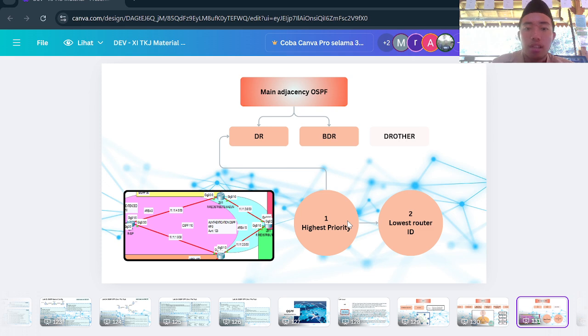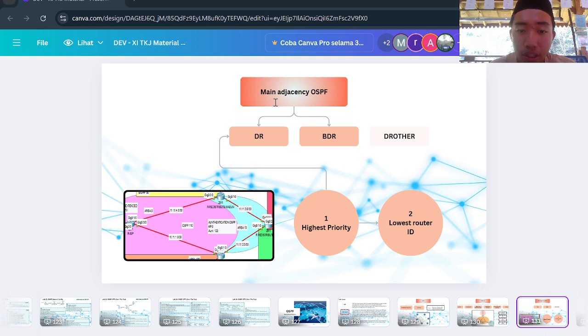Next is the main adjacency in OSPF, DR and BDR. In a multi-access network, every router exchanges LSAs, link state advertisements, and the traffic overhead will explode in a multicast network.